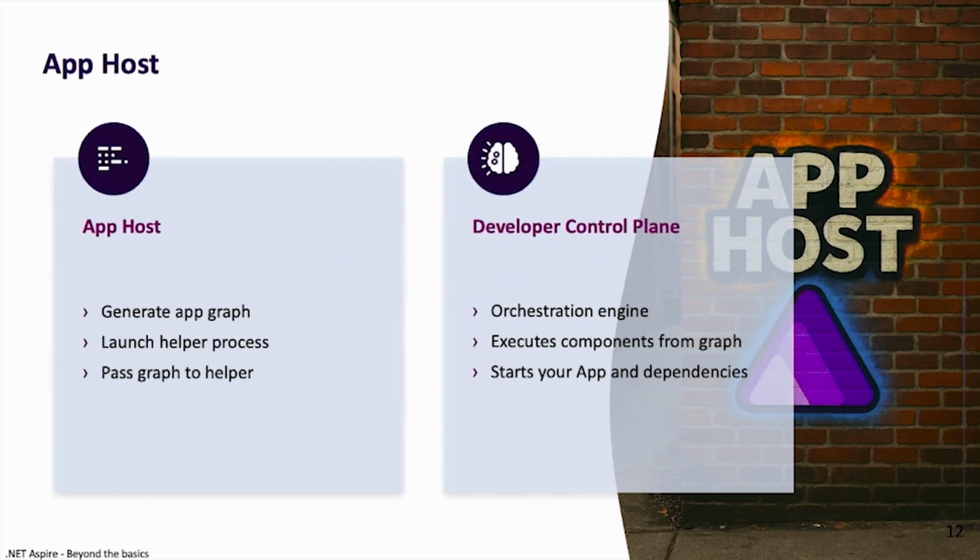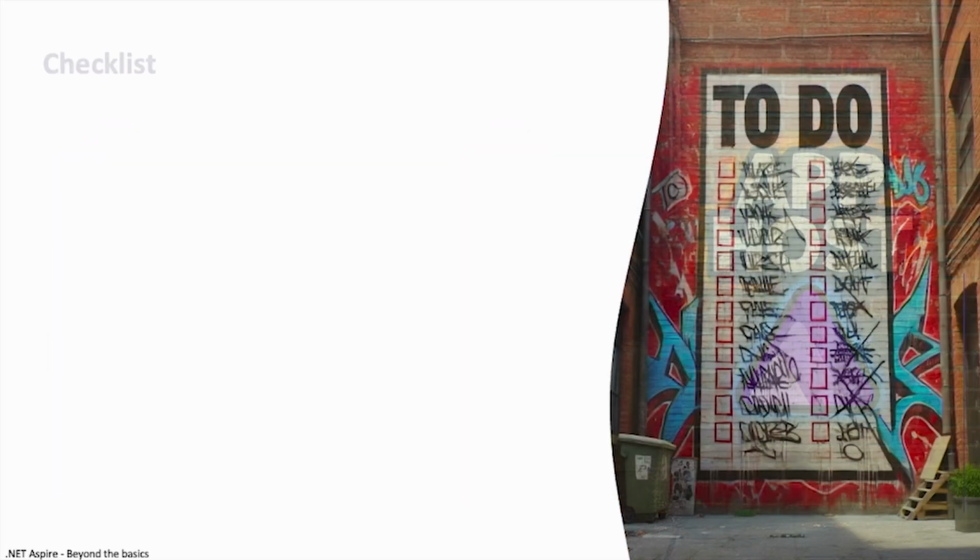So it is the orchestration engine and it executes all the application components, and it makes sure that your application and the dependencies are all up and running. So the app host is just a graph builder, and the DCP is where the real work is being done.